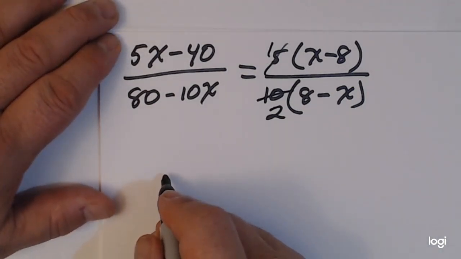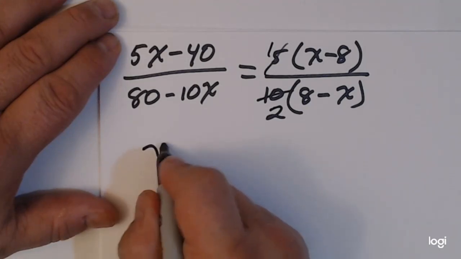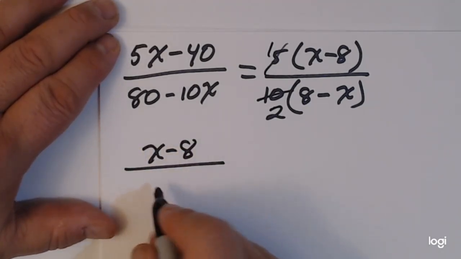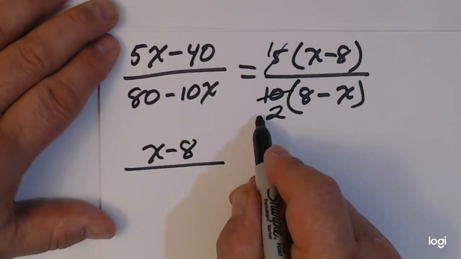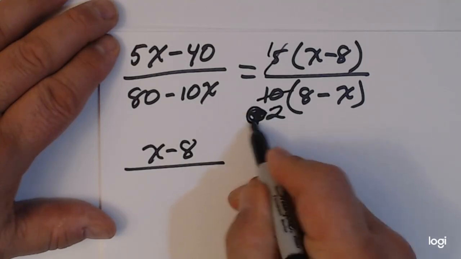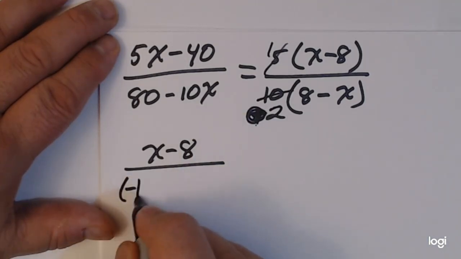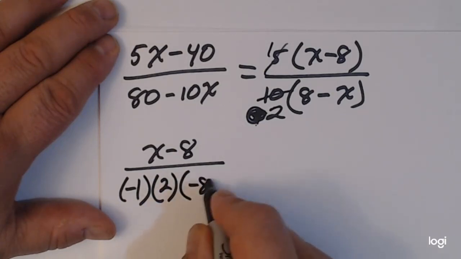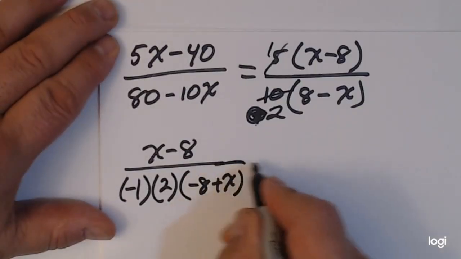So we're left with x minus 8 in the numerator. And then we're going to factor out a negative 1, so I'm just going to add that negative 1 to the 2 over here. So I'll do it this way. Negative 1 times 2 times negative 8 plus x.